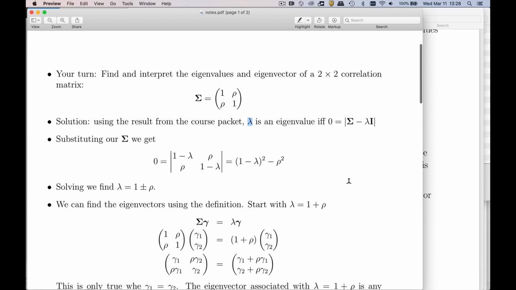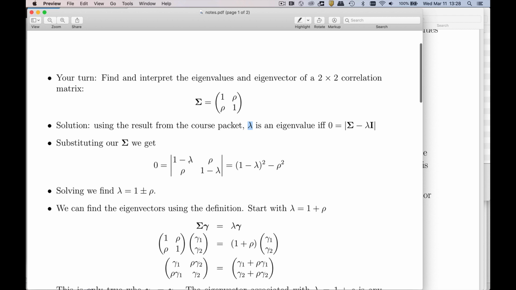So let's go fill stuff in. Here's my sigma matrix, minus lambda times the identity gives me this matrix right here. Now, if you remember how to compute a determinant, we take this term times this term, so (1 minus lambda) squared, minus rho squared.